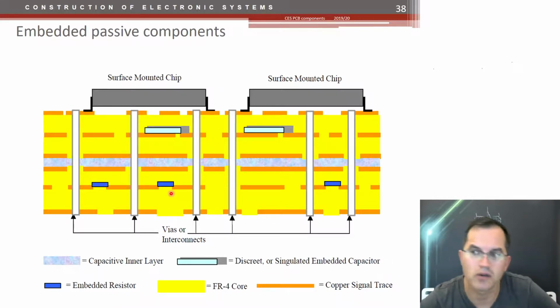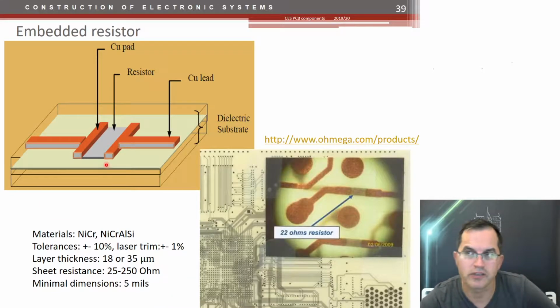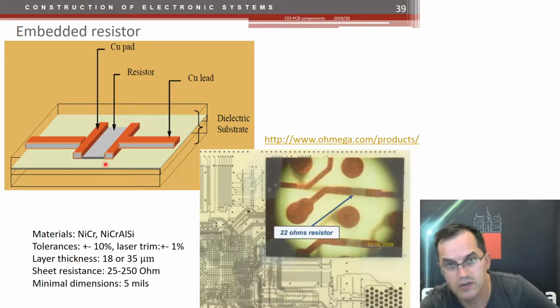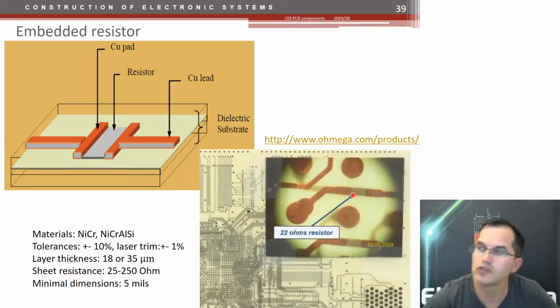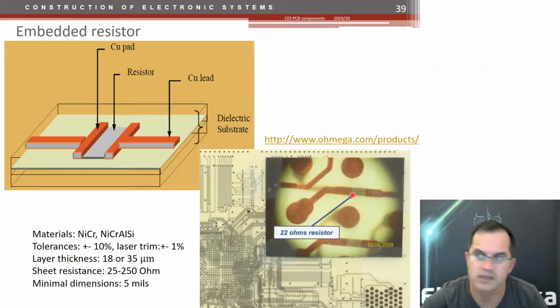capacitors, resistors, coils inside. Well, embedded resistors are actually a separate layer of some resistive material that is applied to the PCB directly between the tracks, and then it could be a part of the mid layer somewhere inside the stack.